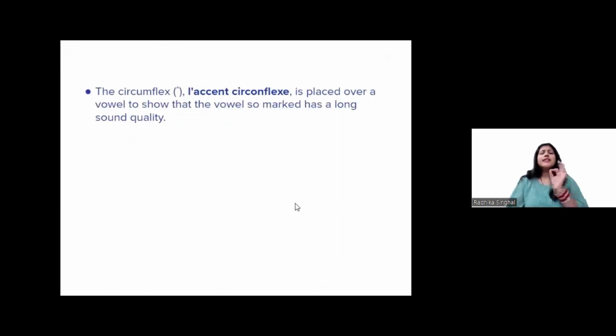Next accent is the circumflex or l'accent circonflexe, and it is placed over a vowel to show that the vowel so marked has a long sound quality, like gâteau. If that cap wasn't there, it would be gateau, but with a cap, it became gâteau.